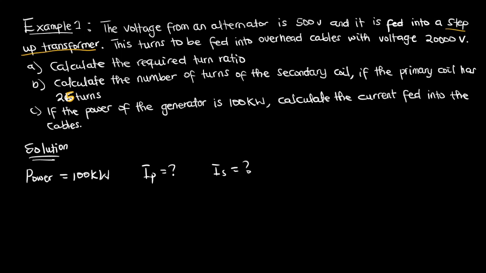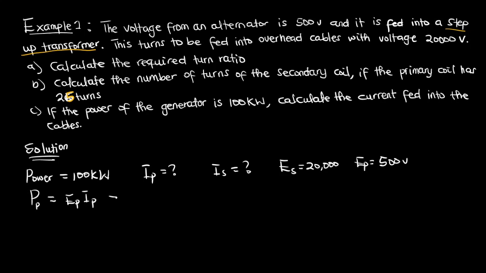So first of all, we need to determine the primary current from the power given to us. Now remember, we've established that the secondary voltage is 20,000 from the question, and the primary voltage, or EMF, is given to us from the alternator, which is 500 volts. So power, I'll make it P subscript P, the power fed into the primary core, is equal to the voltage EP multiplied by the current IP.